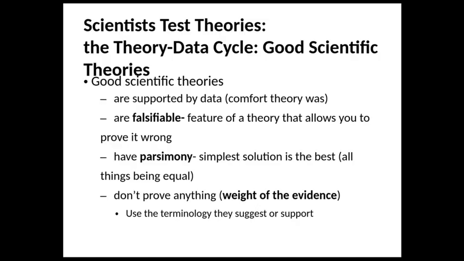A lot of times people that have conspiracy theories about things say, well, this specific thing shouldn't have gone that way, and why did it do this, and how could we have this, and it gets very convoluted, right? In scientific research, we actually look for simplicity. This is something we call parsimony. Parsimony says that all things being equal, all things considered, the simplest solution is usually the best.